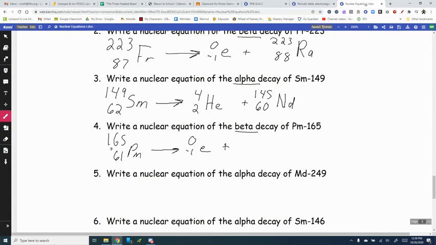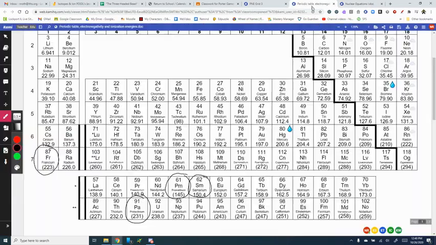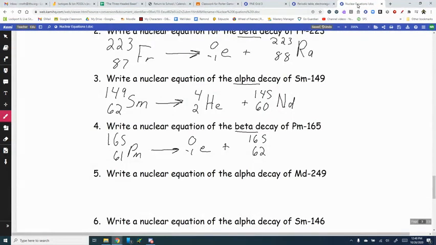And what's left? 165 minus 0 is 165. 61 minus -1 is 62. And that is samarium, Sm. Look at that. And there it is. That is how you do the two different types of nuclear equations.